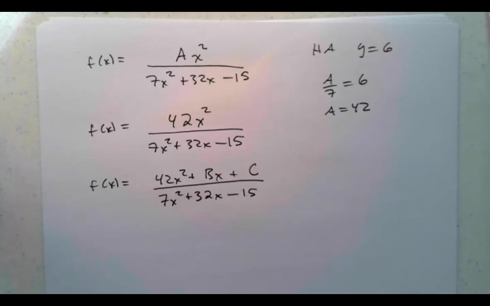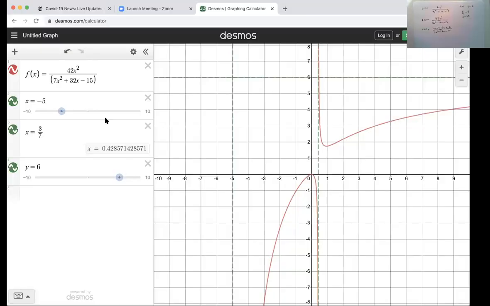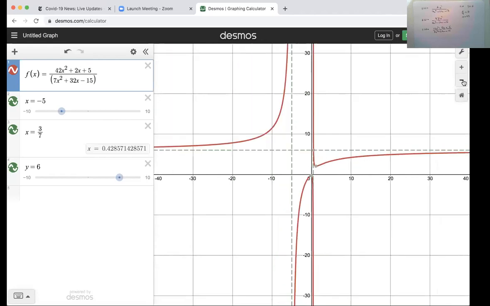So let's go back to Desmos one more time. And let's take 42x squared plus 2x plus 5. And we need to have a bigger window again to see how this is going. So you can see y equals 6 looks good. You can see the vertical asymptotes look good.